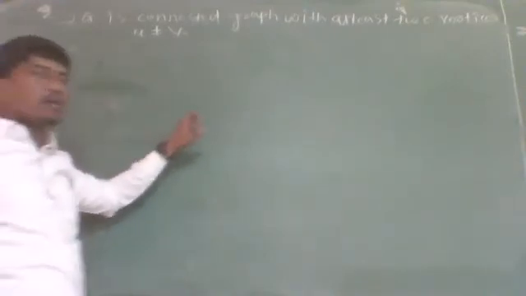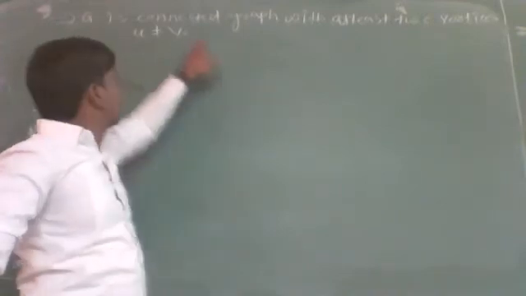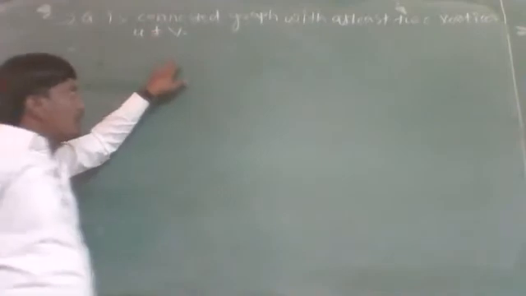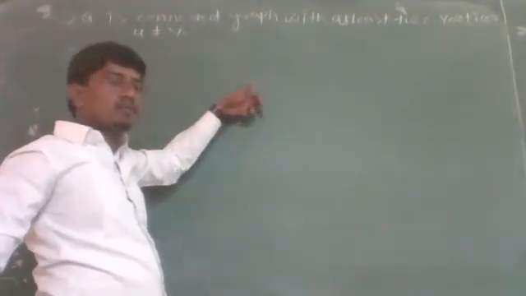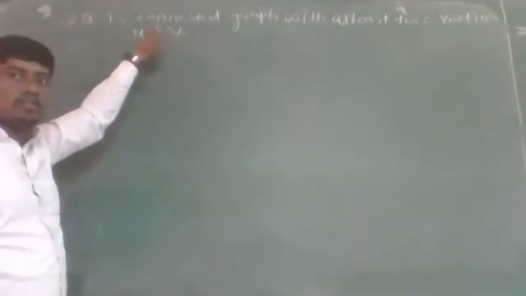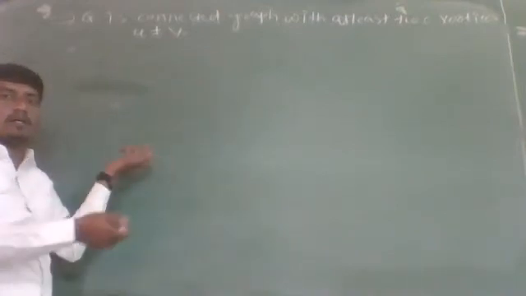Now, as U is not equal to V, and we have assumed that G has at most one vertex which is not a cut vertex, but here there are at least two vertices U and V. Then from our assumption, any one of these two vertices is a cut vertex, since graph G has at most one vertex which is not a cut vertex.